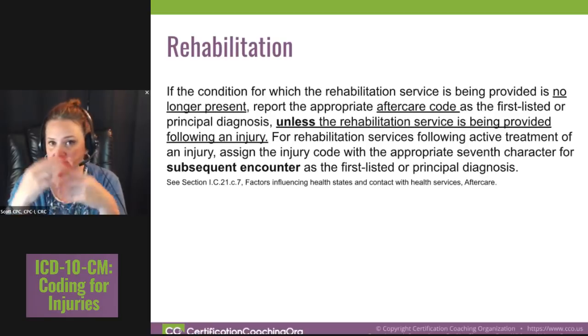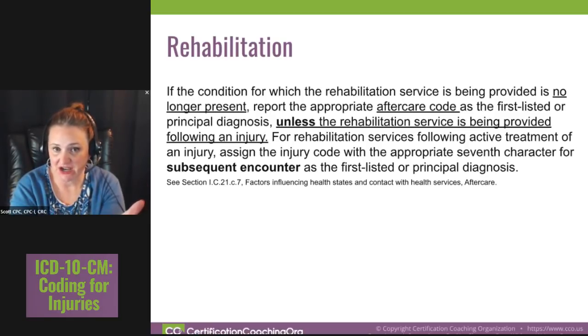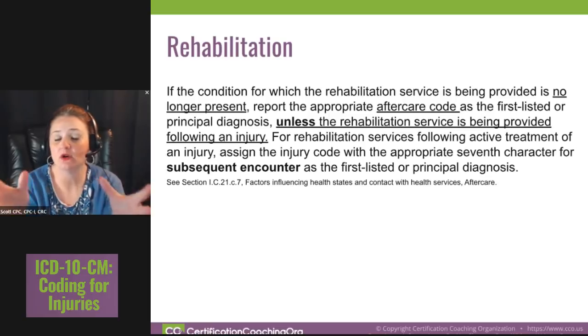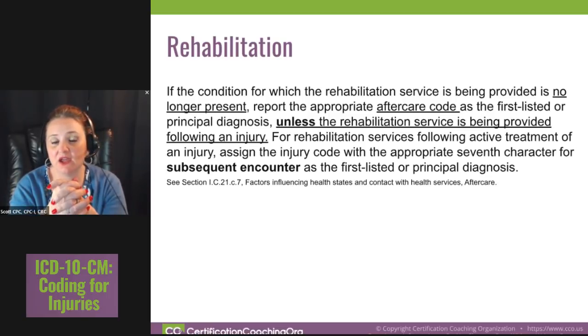So we have our fracture and we have these pins in the knee, and the doctor says, I want you to have rehab because this was a really bad fracture and I want to make sure that you're able to be mobile and walk well after that. Maybe your balance is going to be off because you're favoring that knee, or you've been off that leg for so long we need to do some strength training and build the muscles back up in that leg.